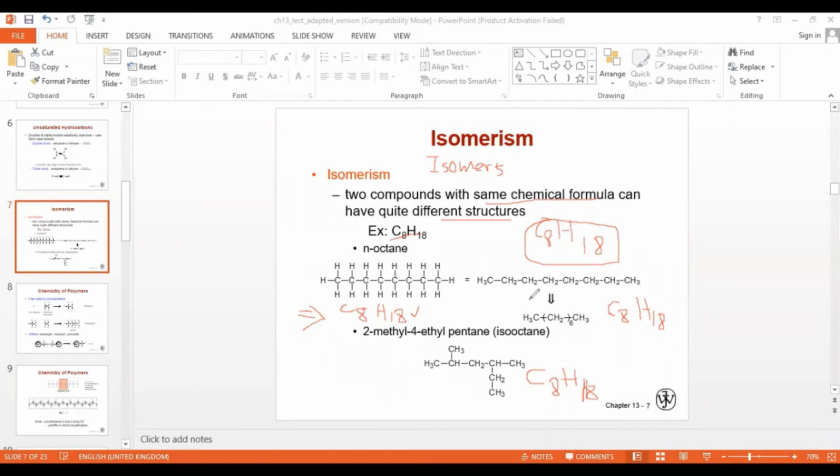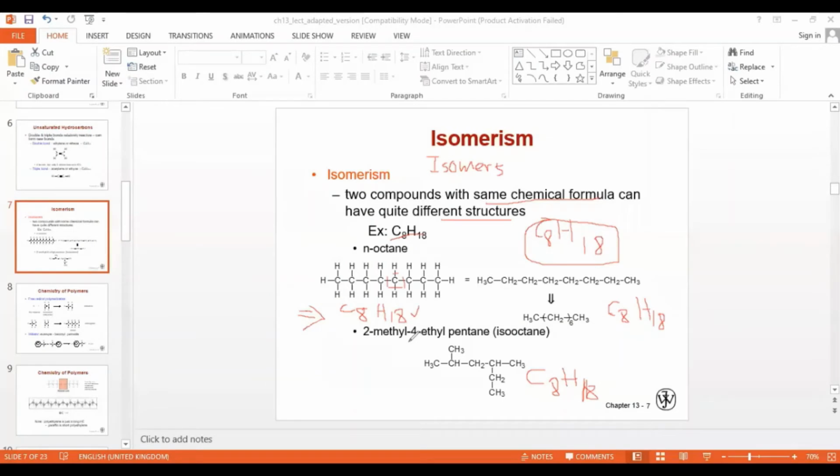Also, you need to take great care while drawing this. A carbon can have a maximum of only 4 bonds. If I take randomly a carbon, for example this carbon, which has 1, 2, 3, and 4 bonds, it can have only a maximum of 4 bonds. So you need to check that while writing these things.